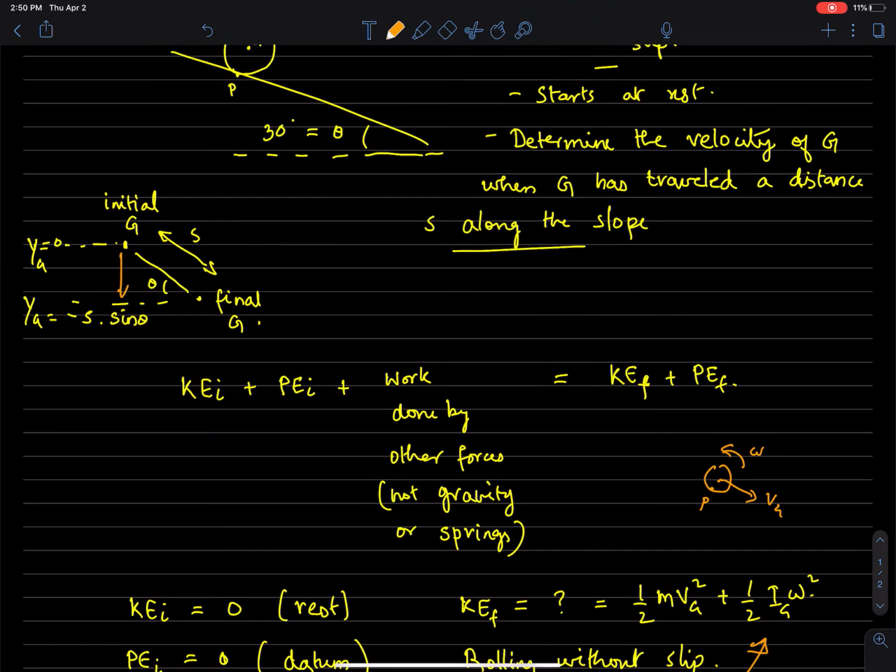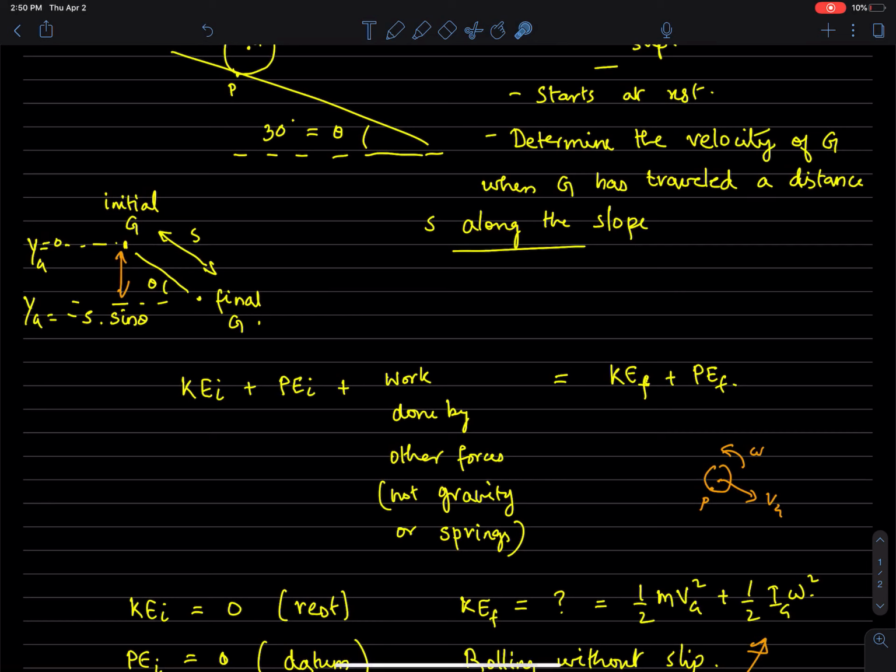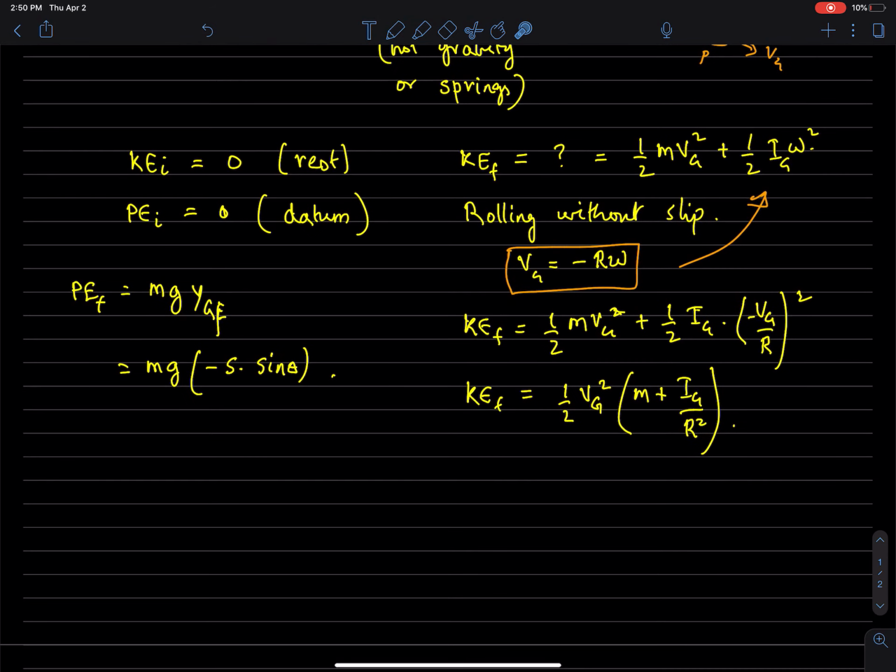Okay, G goes down by a distance s along the slope, so vertically it would go by s sine theta, but because it's going down, it's minus s sine theta. Okay, so we got PE final as well.